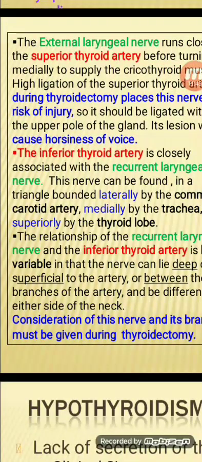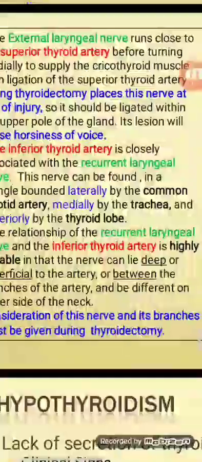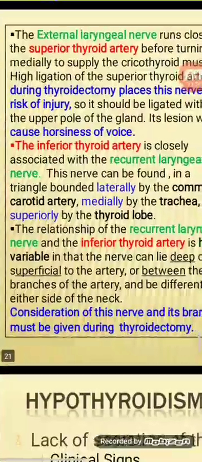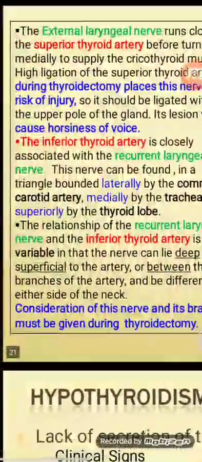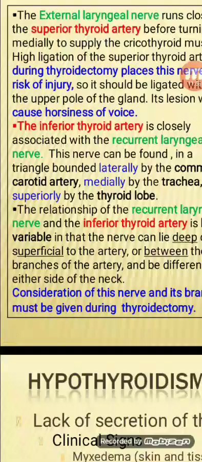The inferior thyroid artery is closely related to the recurrent laryngeal nerve. This can be found in a triangle bounded laterally by the common carotid artery, medially by the trachea, and superiorly by the thyroid lobe.